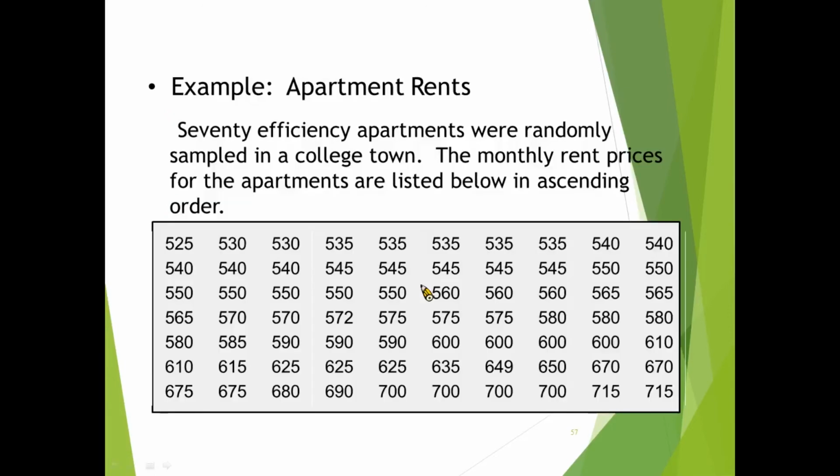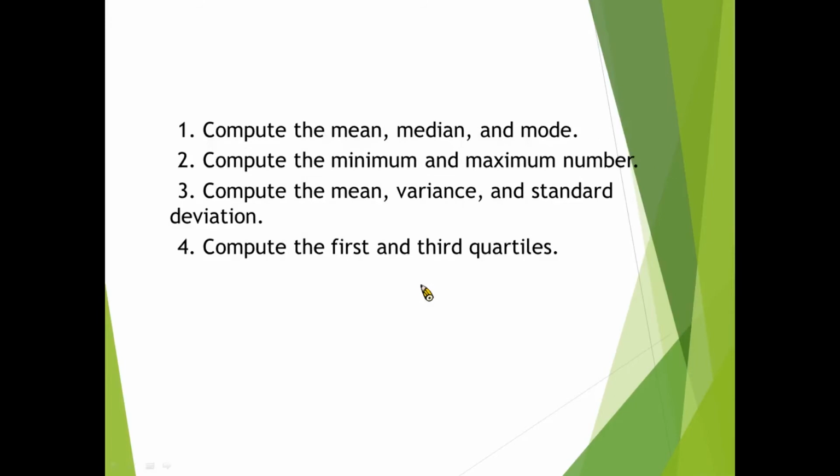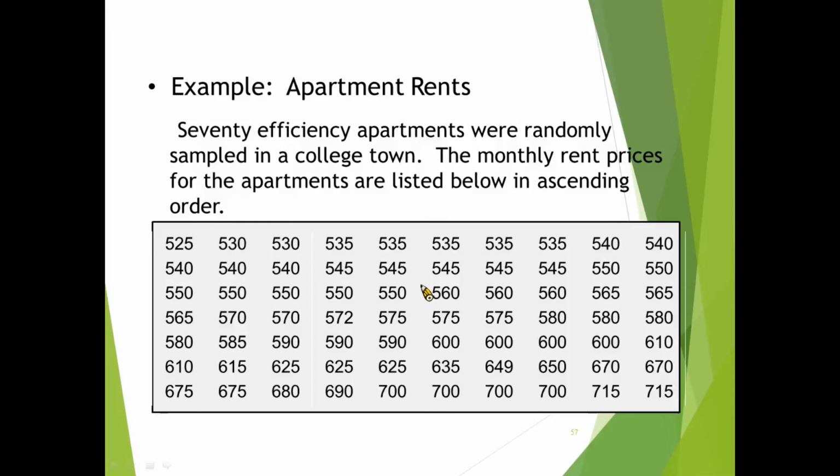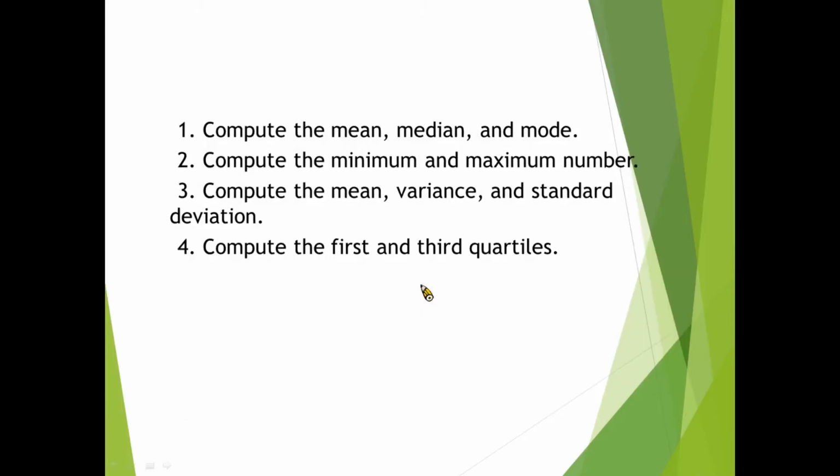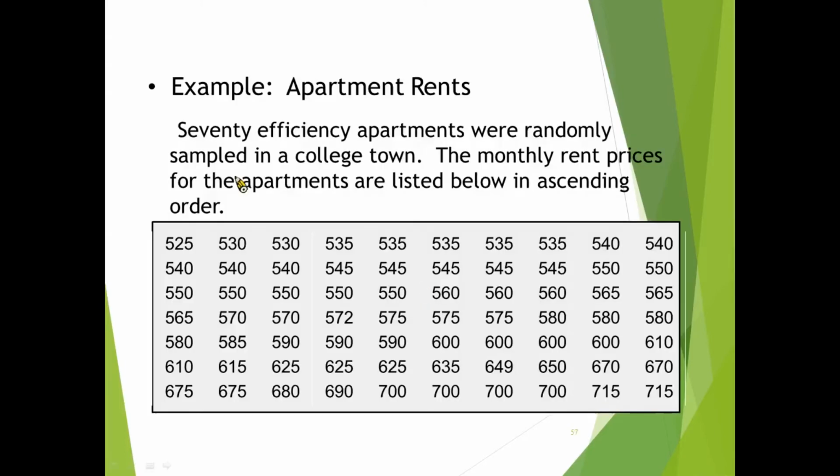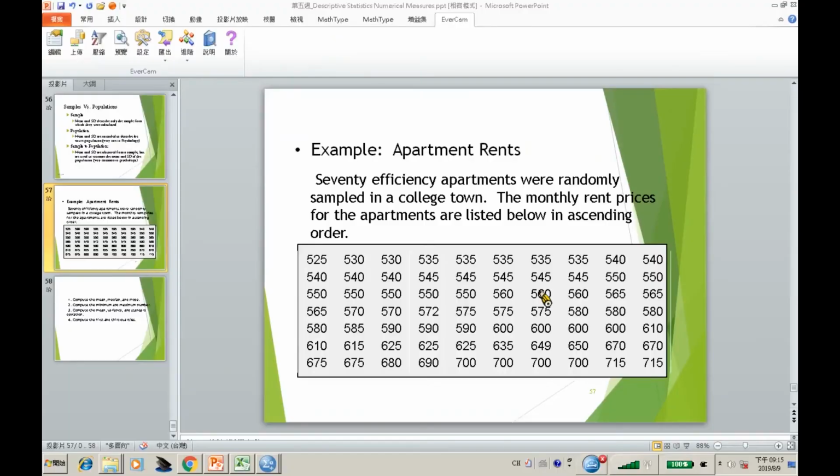Okay, so now we can do the example, and then next we can have the practice. Previously we talked about the mean, median, mode, and maybe the quartiles. This we can do. So let's continue with this example, the apartment rent. Seventy efficiency apartments were randomly sampled in a college town.